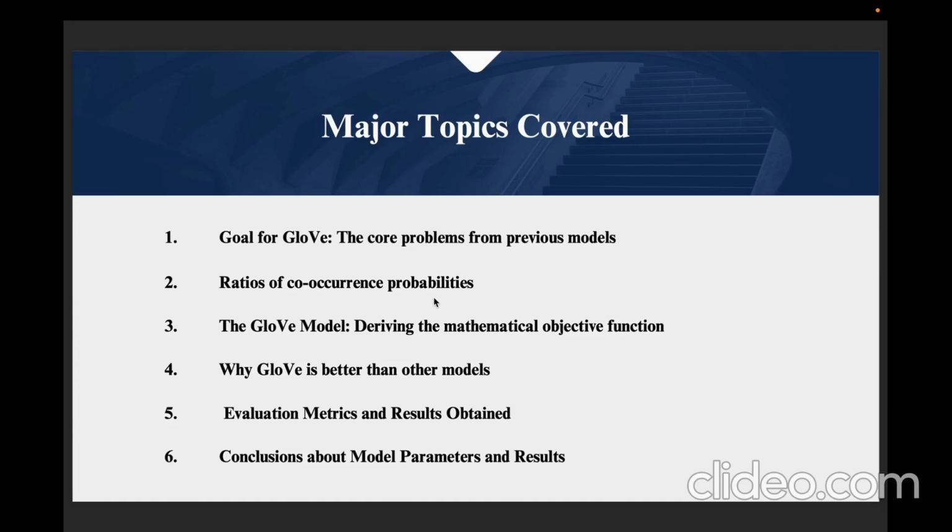Then we will move on to the basic mathematical foundation, that is, the ratios of co-occurrence probabilities. Then we will derive the mathematical objective function for our main model GloVe, and we will then proceed to show why GloVe is better than the other models, along with its evaluation metrics and results obtained, finally concluding the paper and model parameters.